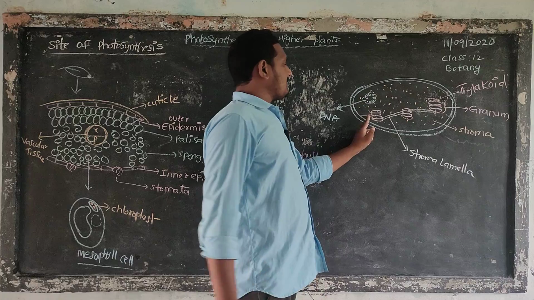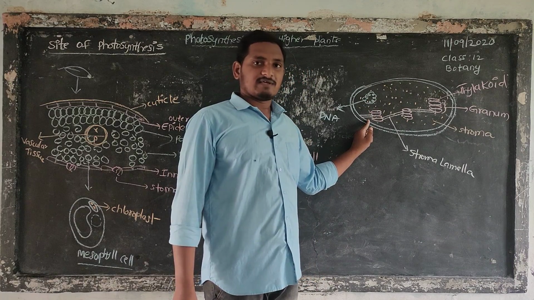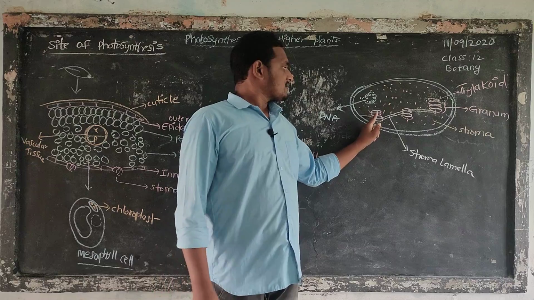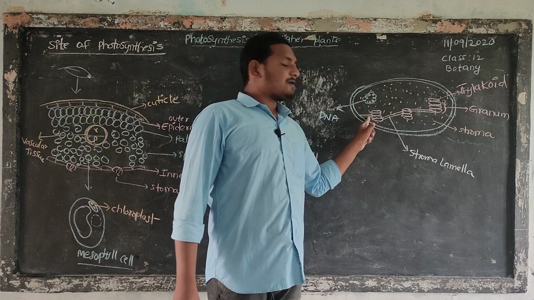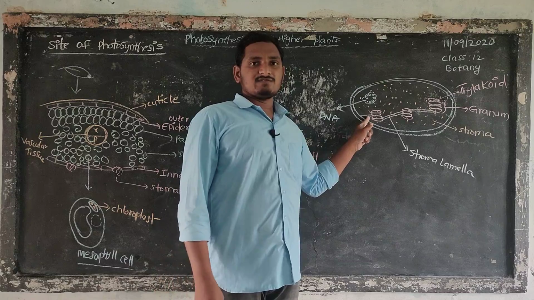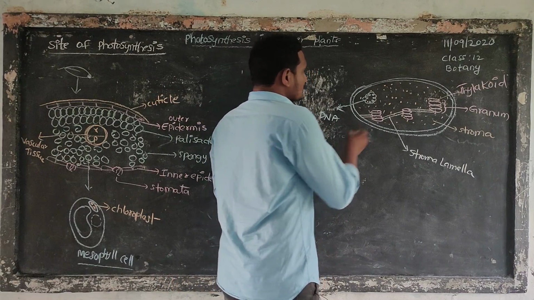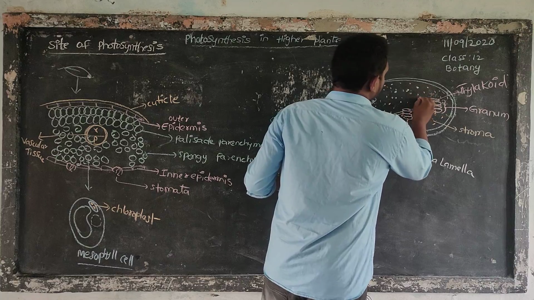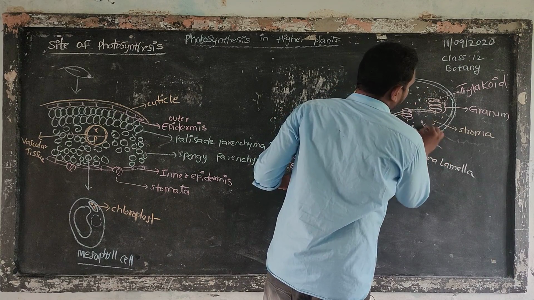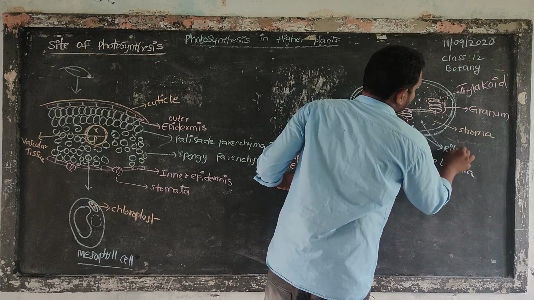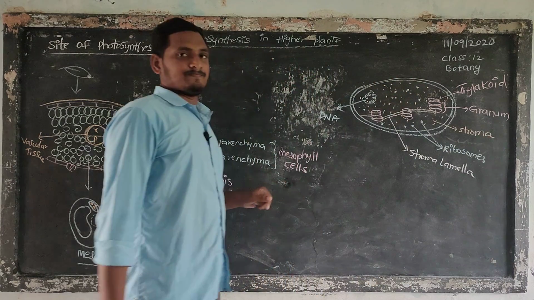And the stroma lamella finally connects with the inner membrane of the chloroplast. So grana are connected by stroma lamella, which finally connects with the inner membrane. Ribosomes are also found in this chloroplast.